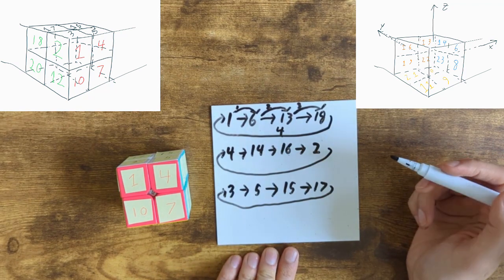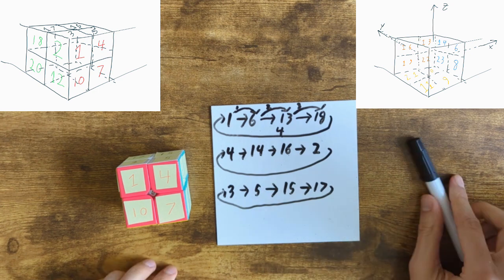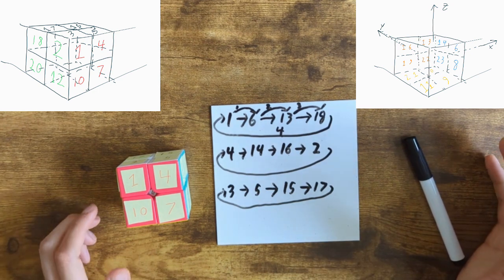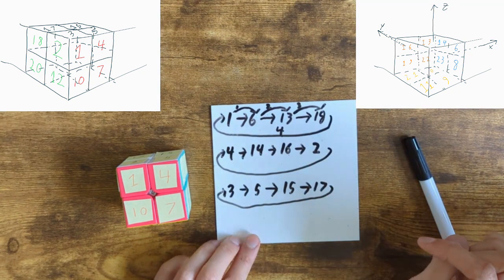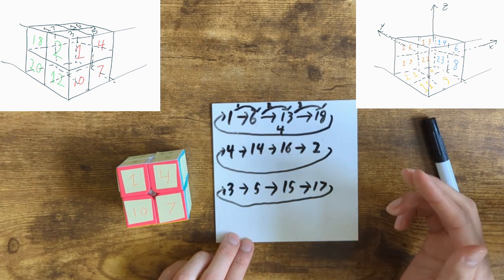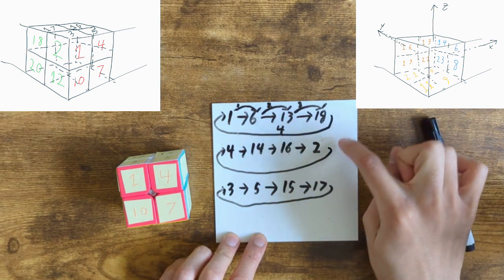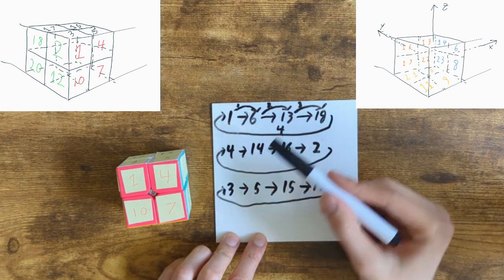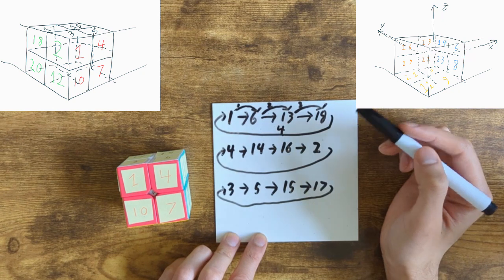And so what this is saying is that if we do the operation 4 times, 1 will go back to where it started. And the same thing kind of applies for any face. If we follow the arrow 4 times for any of them, they'll end up back to the same place where they started.